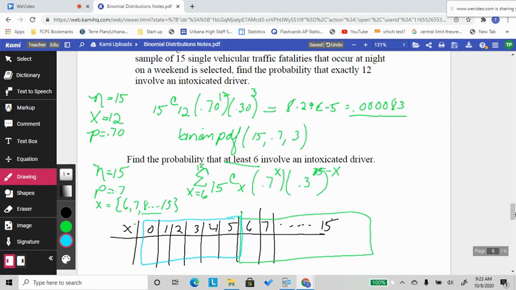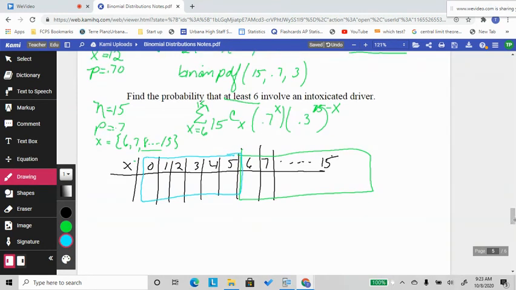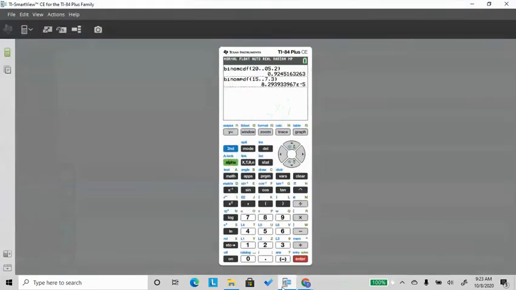I'm going to go 0 to 5. And to do that, I'm going to do Binom Cdf. And I'm going to do 15, 0.75, that will give me this answer here. So let me do that first, and then I'll come back. So I'm going to do Binom Cdf.